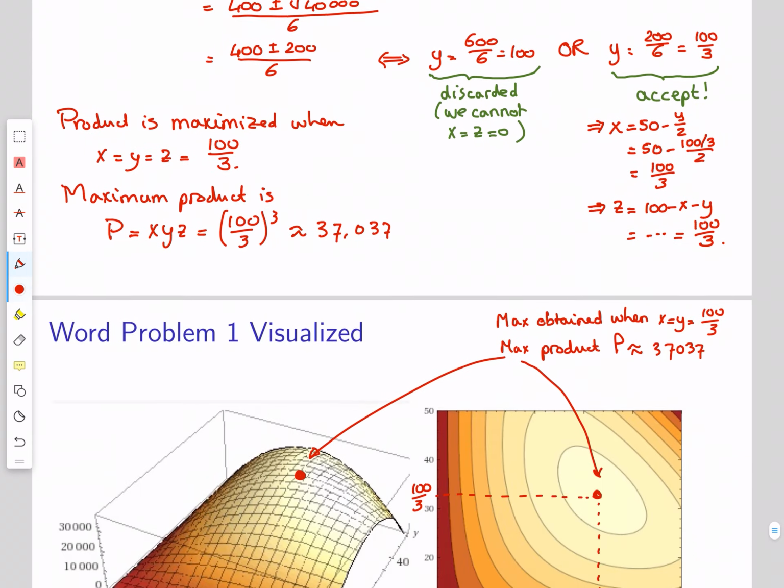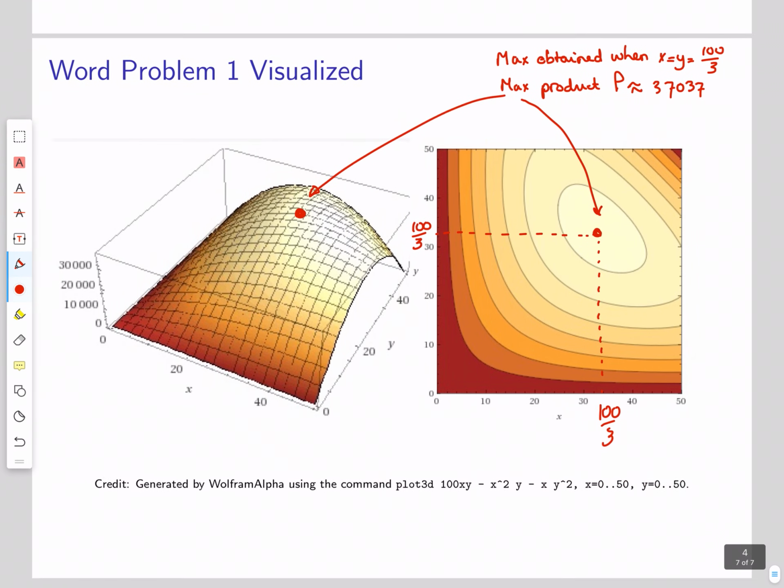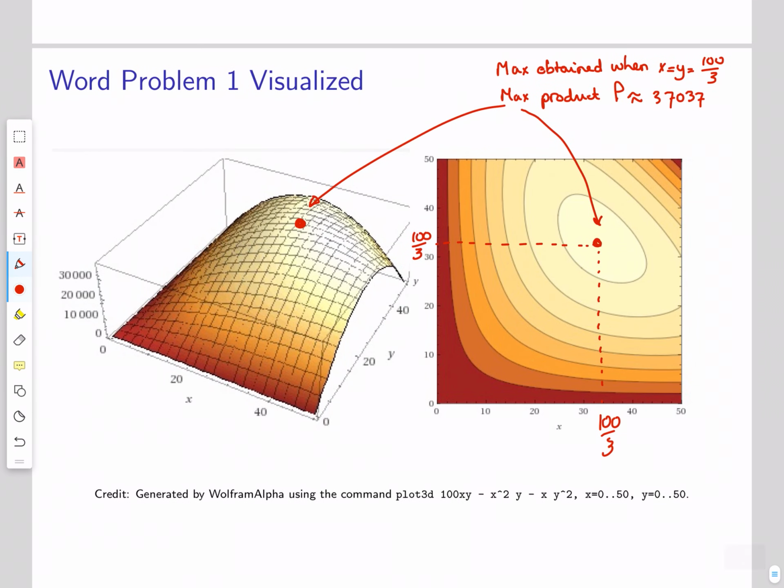All right, I've visualized this as well on the next page with Wolfram Alpha. So I've graphed the surface. I've stuck with showing the surface for x between 0 and 50 and y between 0 and 50. And that's mostly because this is the interesting region. Otherwise you don't see the maximum. Otherwise it all flattens out if you plot from 0 to 100.